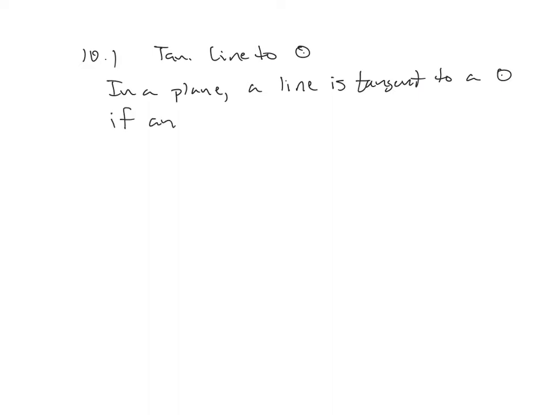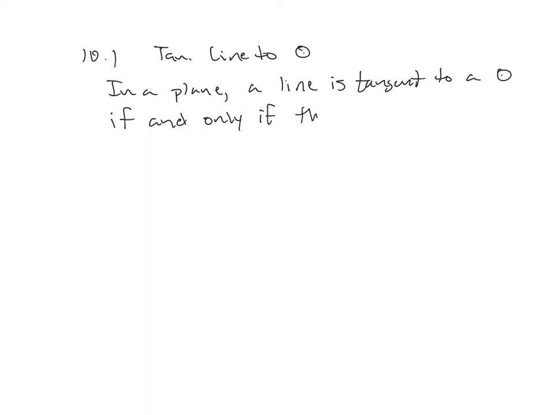It says in a plane, a line is tangent to a circle if and only if, we haven't used that terminology in a while, so I'll come back to that in a second and remind you what it means.